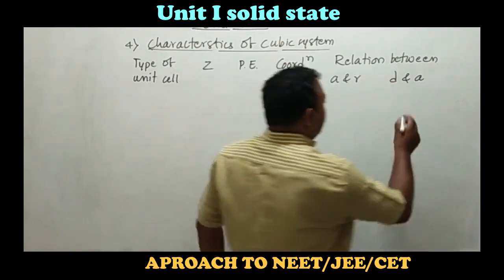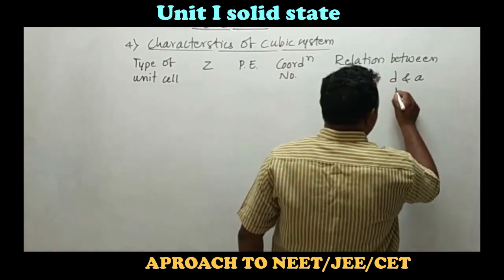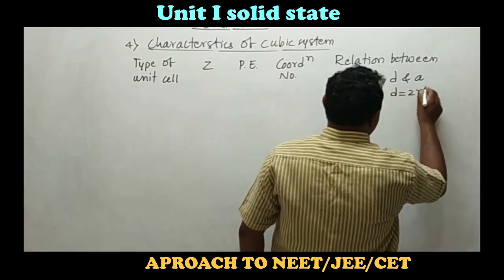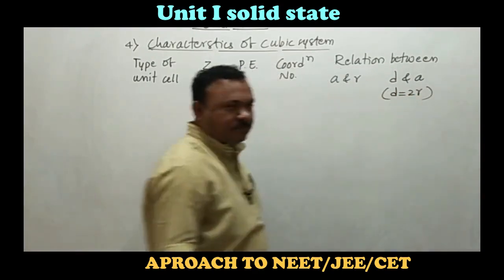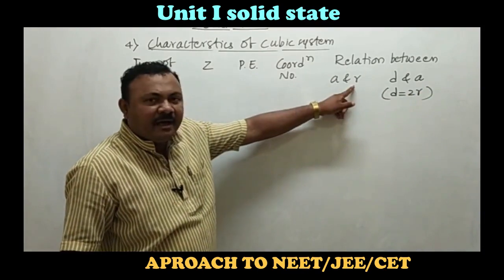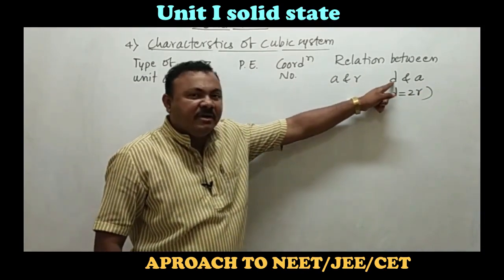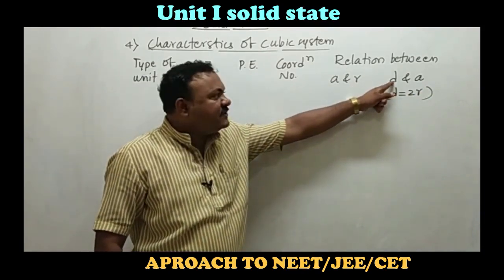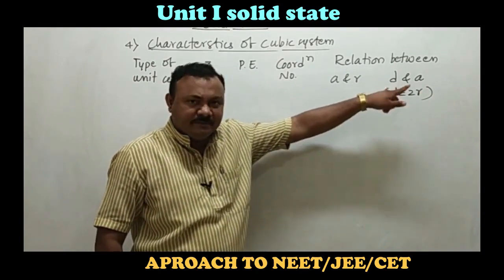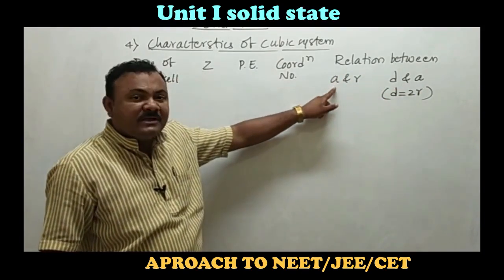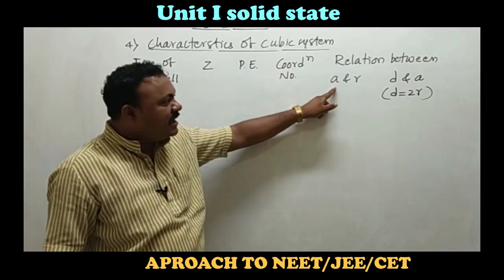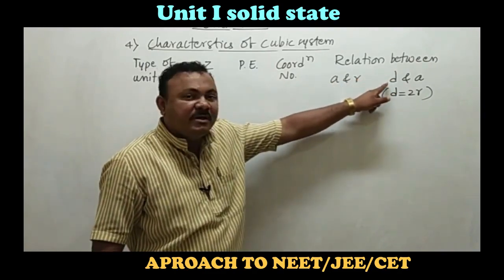It is because, remember this hint, d is 2 times of R. So by knowing a and R relation, we can easily give the relation between d and a. So it is not necessary to remember the relation between d and a. Remember relation between a and R. By that, you can easily give the relation between d and a.